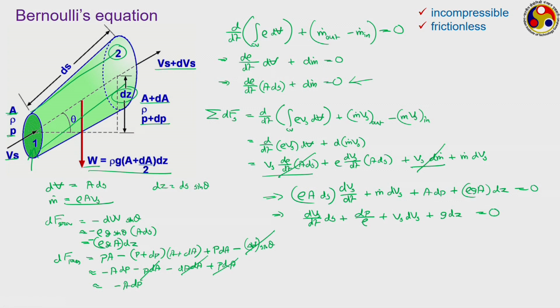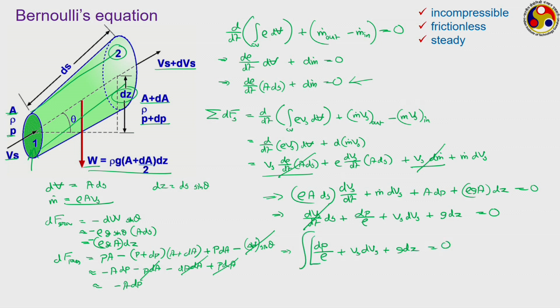At this particular portion we introduce our third assumption, that is steady. As we are assuming steady, this part goes out of the equation, and we are left with dP upon rho plus Vs dVs plus g dz equal to 0.